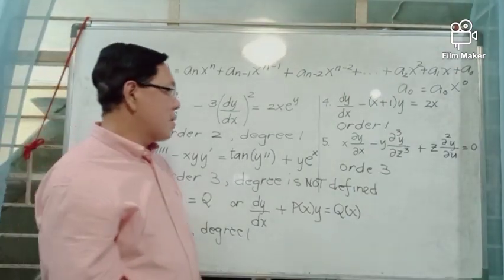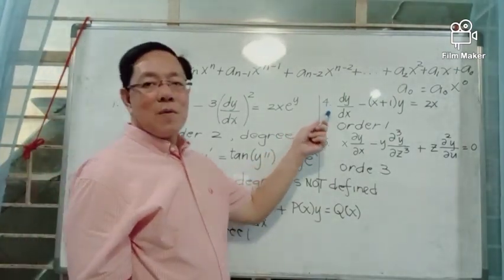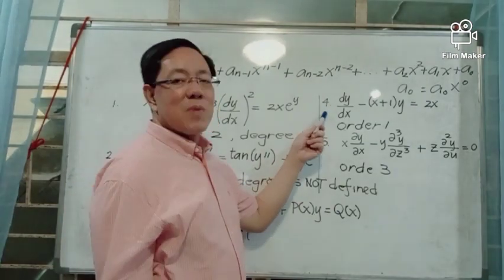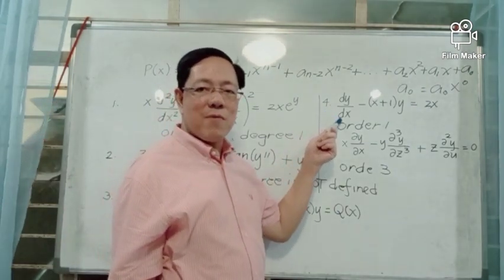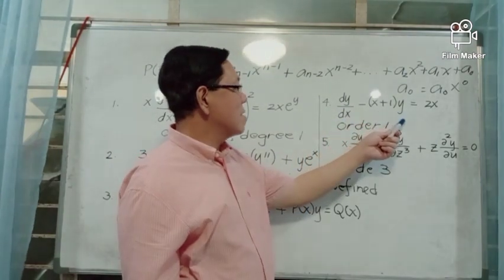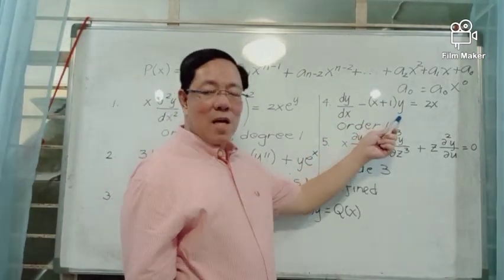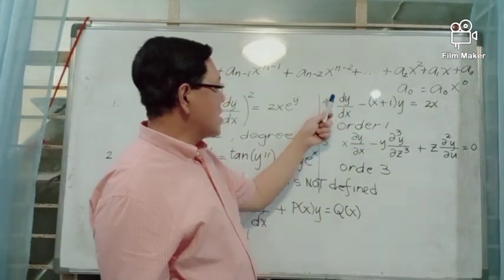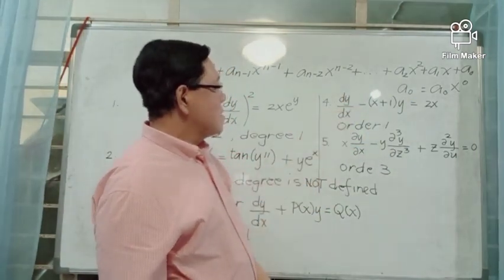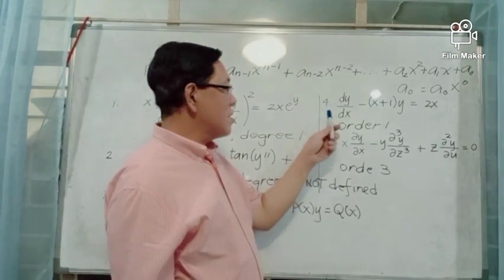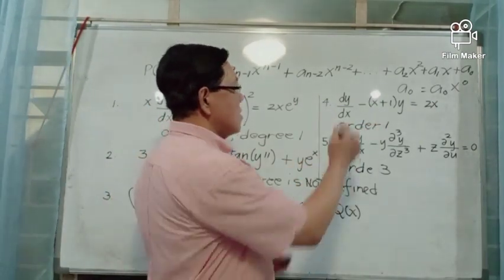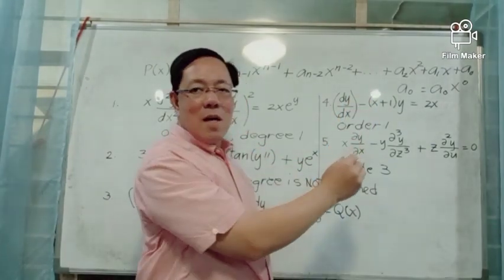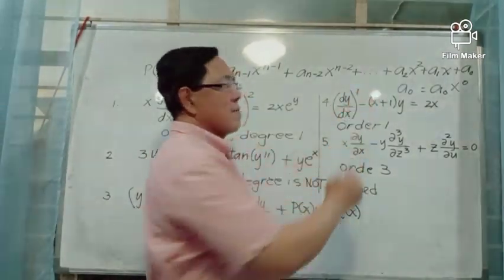Consider number 4. We also said earlier that number 4 is a specific example of a linear differential equation in y. Linear because the exponent of y is 1, and the exponent of the highest derivative that appears in this equation is also 1. dy dx is the same as dy dx to the power 1.